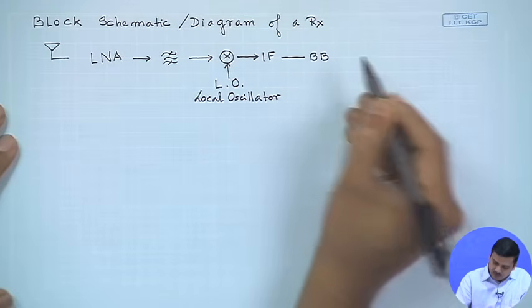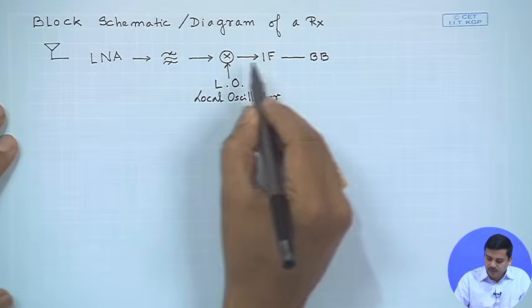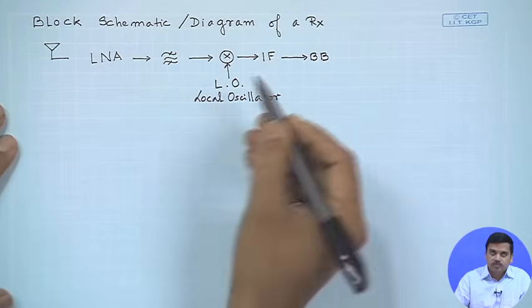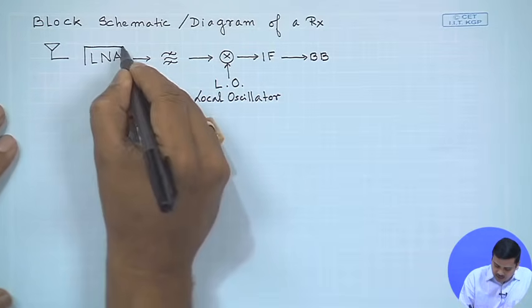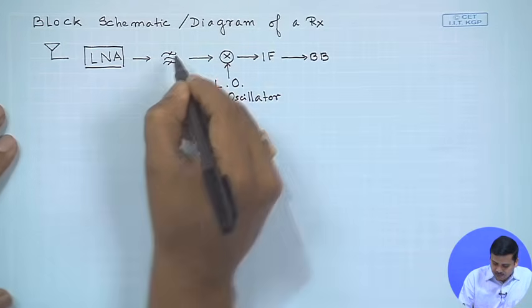So, that is the down conversion. So, this local oscillator could bring to the IF stage, or it could bring to the baseband stage, that is the carrierless, removing of all the carriers.